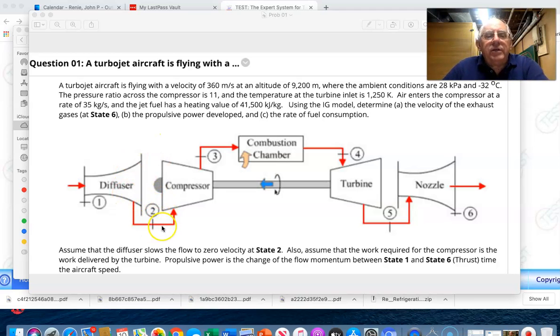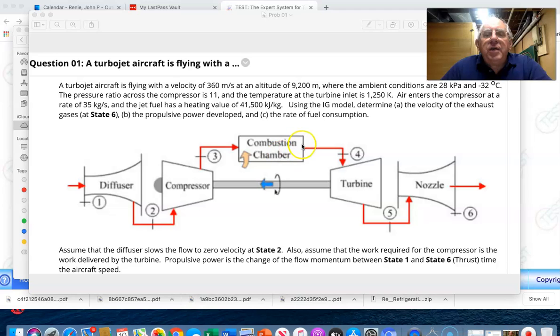And so that's going to give us the state going into the compressor, the temperature and the pressure associated with that incoming state at 2. We're going to go through the compressor, which is an 11-to-1 pressure rise. We are going to assume that the compressor is isentropic. That's going to then get us up to a pressure as well as a temperature associated with state 3.